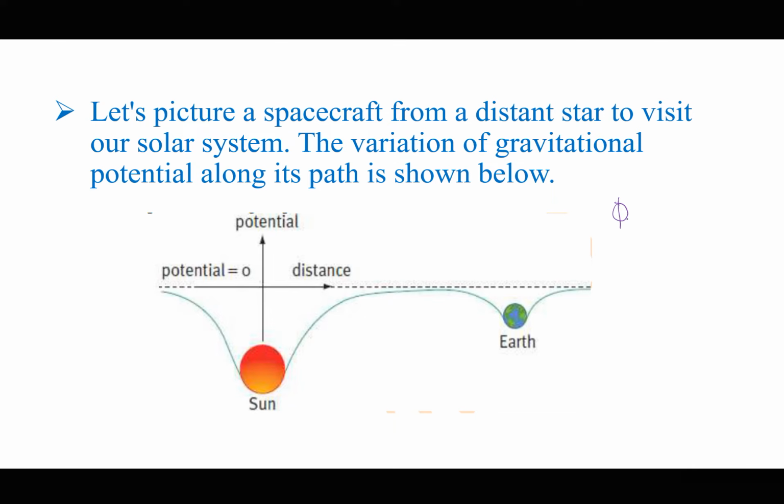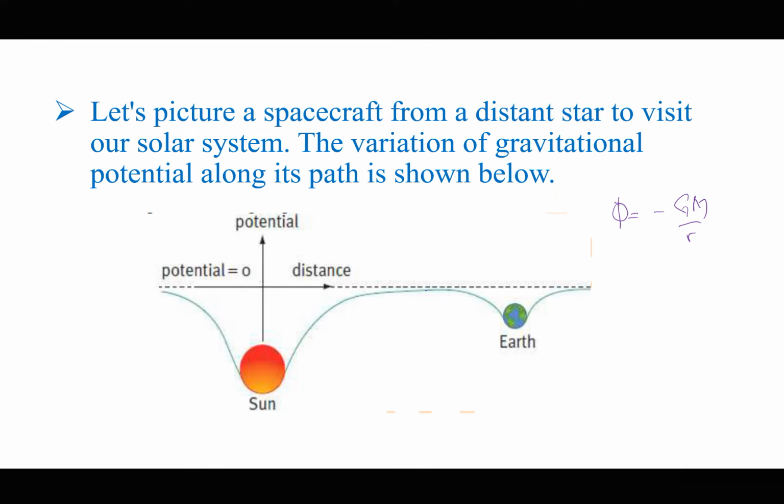Remember, potential is equal to negative GM over r. While at infinity, the potential is close to zero. When closer to the mass, the potential becomes more negative. And as you move away from the sun, the potential increases because it is tending towards zero. It becomes less negative and tends towards zero.